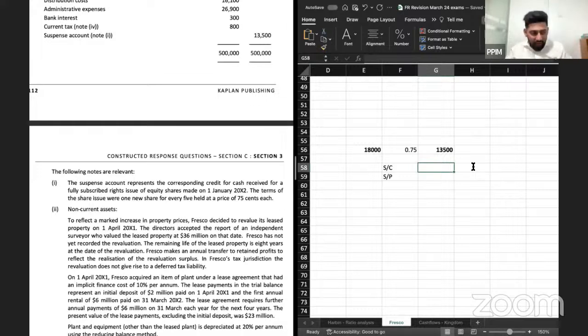Equals 18,000 into 50 cents, the share nominal value. 9,000 will go to your share capital. 18,000 into your premium, 0.25, will go to share premium.